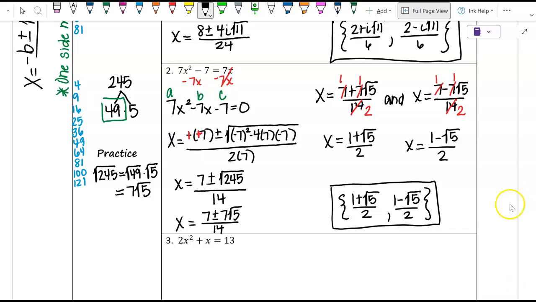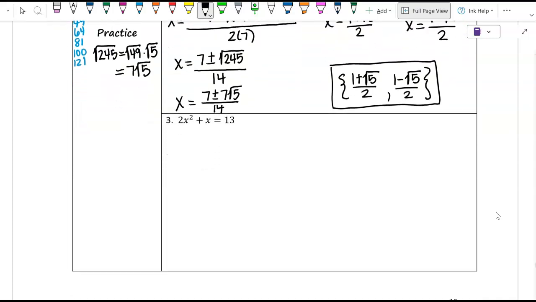Number 3, 2x squared plus x equals 13. The first step is to subtract the 13 from both sides. So 2x squared plus x minus 13 equals 0.